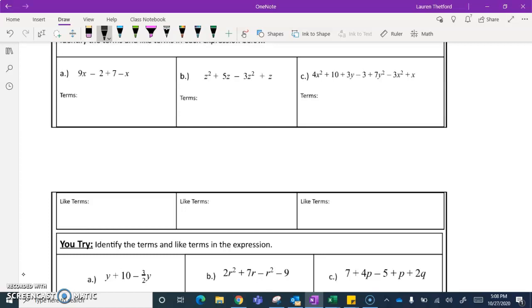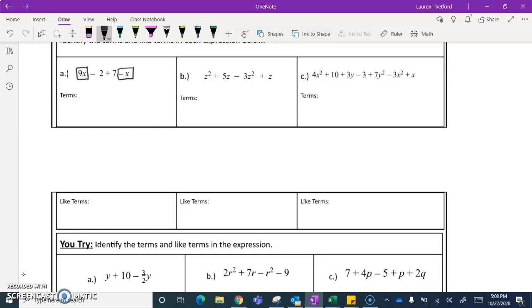So we need to look at the like terms. I like to use the box and circle method, so I box everything in that has a variable. And when you box it in, you also need to include the sign in front of it. I know that this is a subtraction sign, but it's also going to be like having a -1 in front of that x.